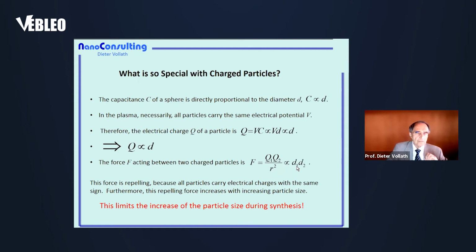And now this is important, as this force is repelling, because all the particles carry electrical charges with the same sign, the agglomeration of particles is limited. This limits the increase of the particle size during synthesis.